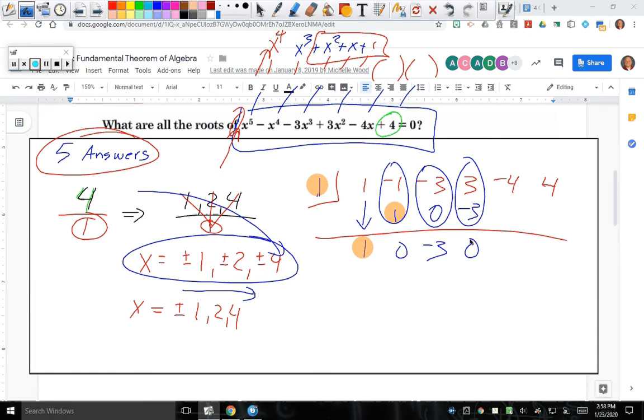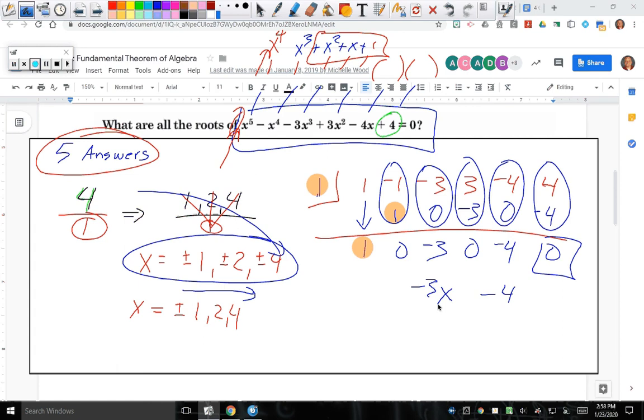Then I'll get 1 times 0, 0 to get a -4. And last but not least, I got the remainder that I was hoping for, that clean 0 remainder, because now I know that this is -4 minus 3x what? Squared. And what's the very first term? X. X to the fourth.